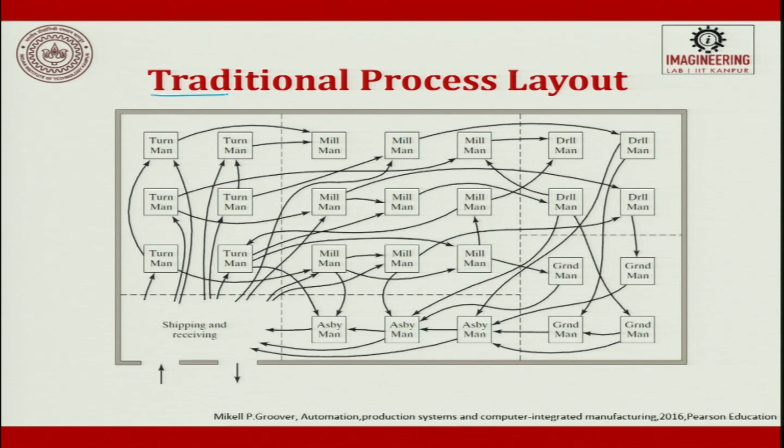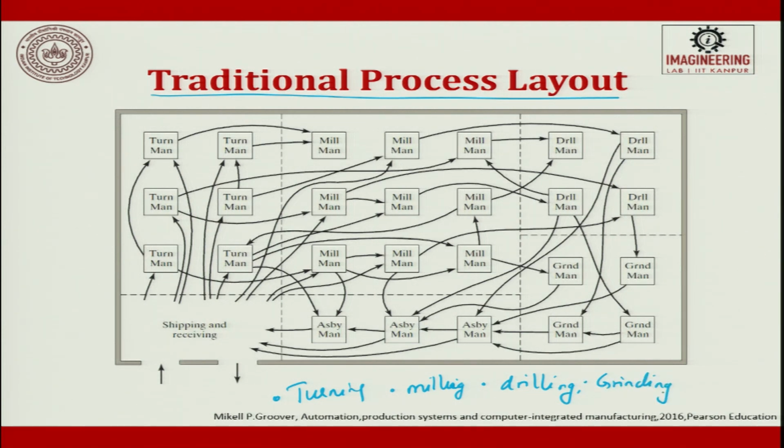So, traditional process layout is also there. What happens is, you see there are turning machines, there are milling machines, there are drilling machines, there are grinding machines, and of course, there is an assembly.